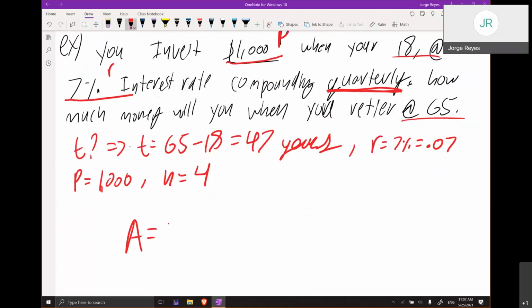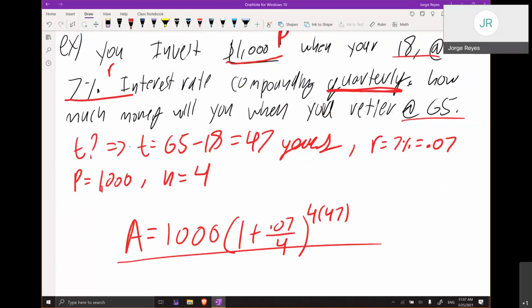Chapter 4 is definitely the chapter where you can use a calculator because these numbers will be bad. So here I plug in all of the info into my formula, and now I need to just figure out what it is.